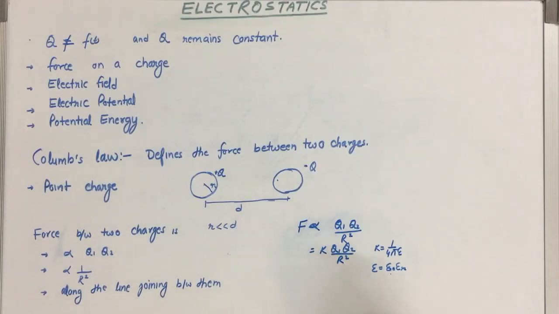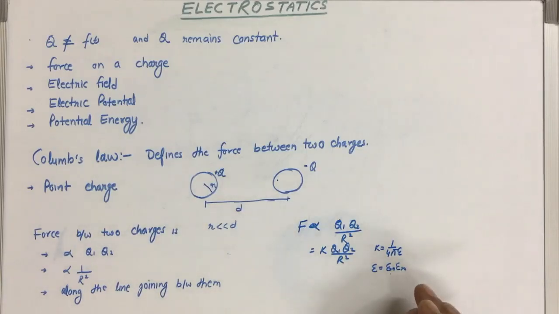And now let us discuss epsilon itself, how we can define this. If we define it, then we can understand this as the ability of a material to permit the electric field.